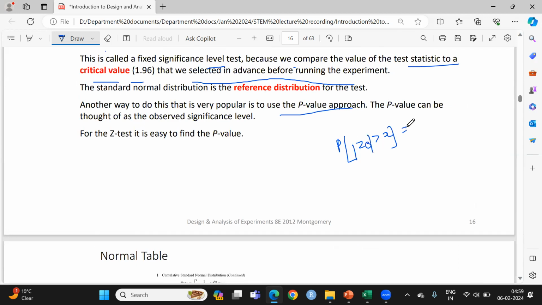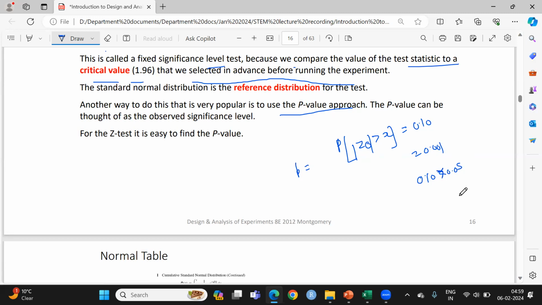So if after solving this probability we got a value like 0.10, or you can say we got a value like 0.001, we will check that this is called the p-value. We will check whether this value 0.10 is less than 0.05 or greater than 0.05.